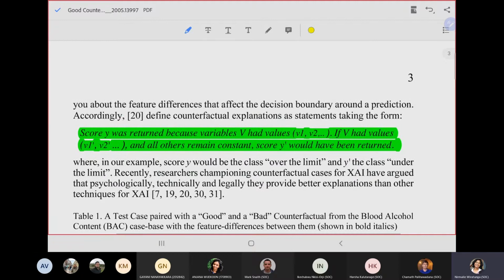When we talk about counterfactual explanations, they give an idea of the type of template this explanation might look like. They might say: your score Y, which is nothing but the prediction, Y was returned because variables V had these particular values.